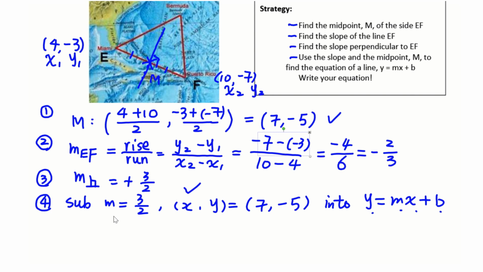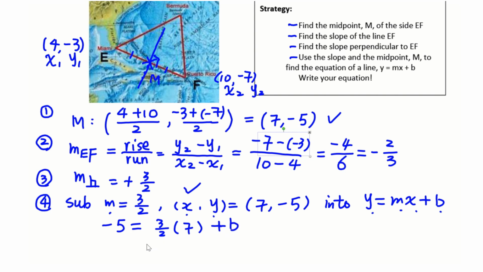So we have m, x, y given. So then we are able to solve this equation when there is only 1 variable left unknown. So negative 5 is y, and m is 3 over 2, x is 7, and plus b.